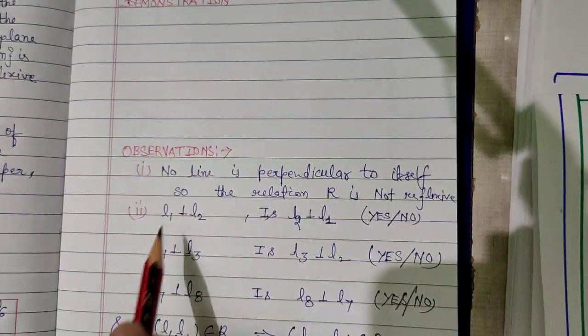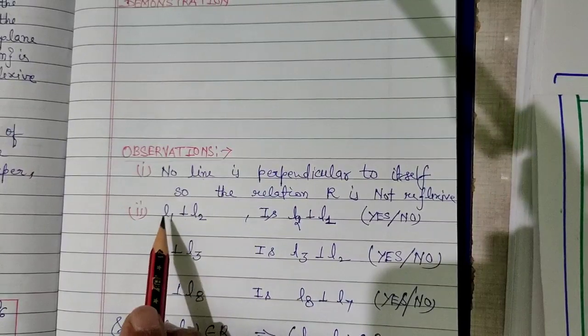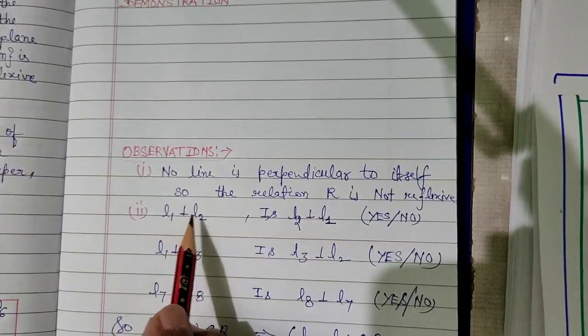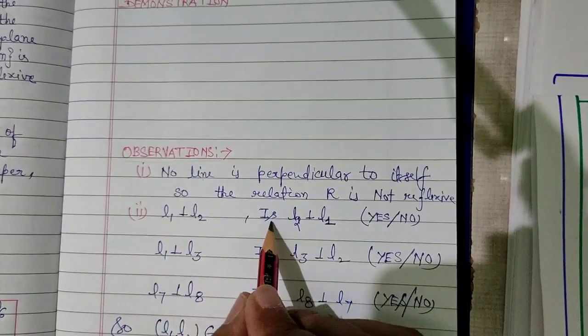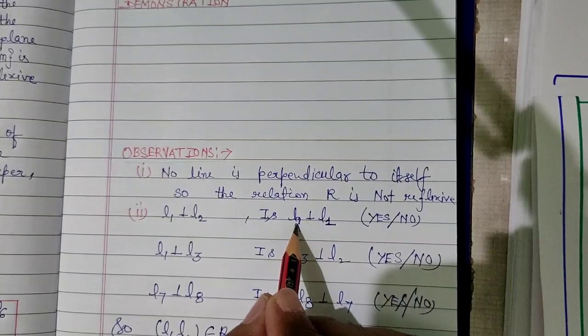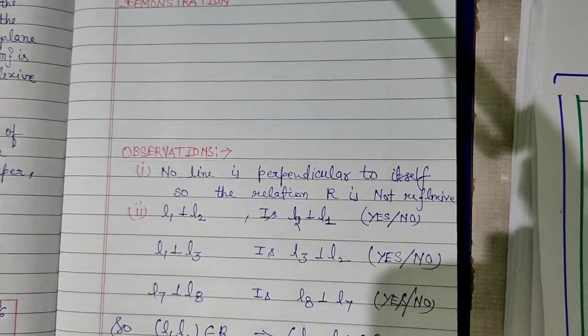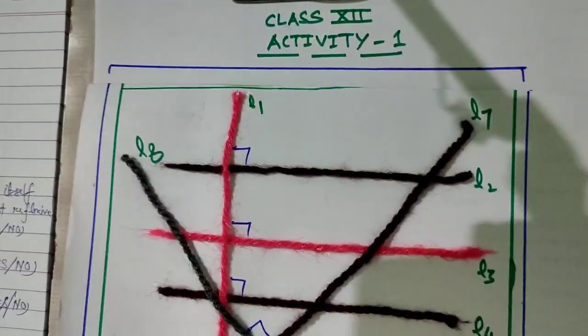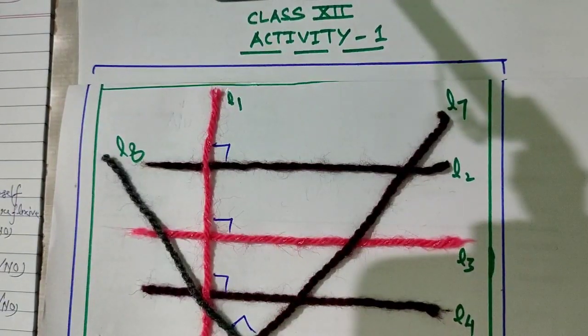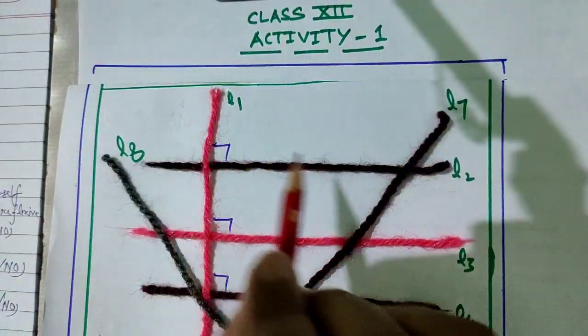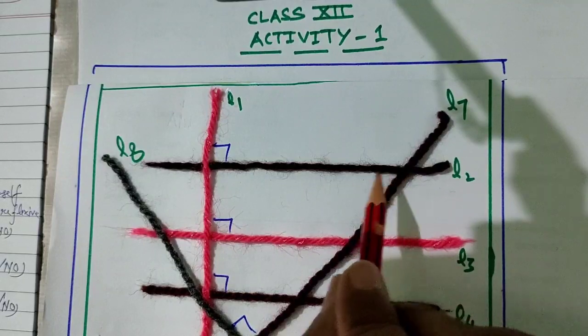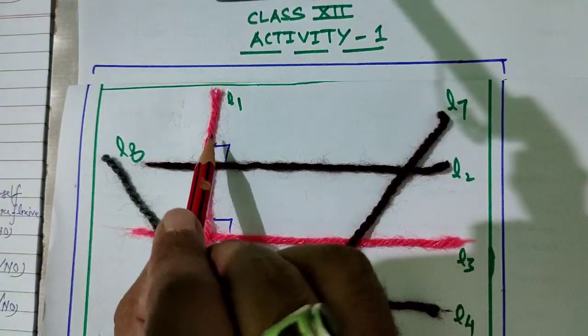Now if L1 is perpendicular to L2, we will observe whether L2 is perpendicular to L1. You can see here, L1 perpendicular L2, so L2 is also perpendicular to L1.